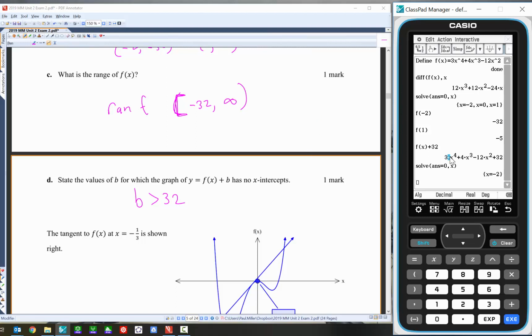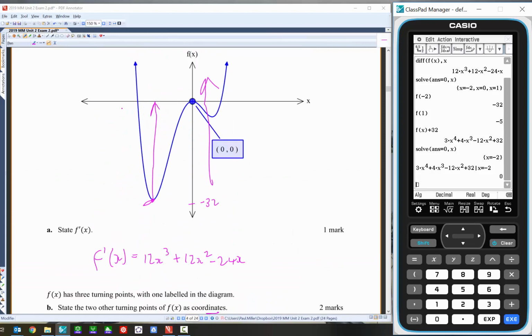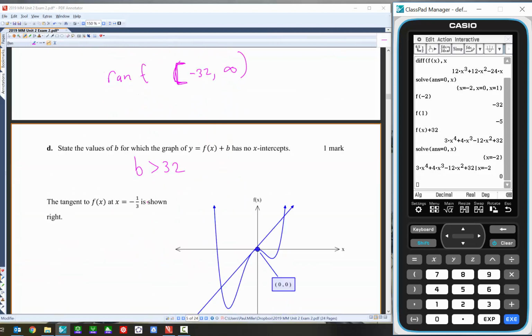So I'm going to grab this, and that should happen when it's equal to 0, with x equal to -2, confirming. So if b is equal to 32, we're going to get that 1 x-intercept, which is right there. That point there will come up to there. So we need it to be greater than 32, not greater than or equal to.